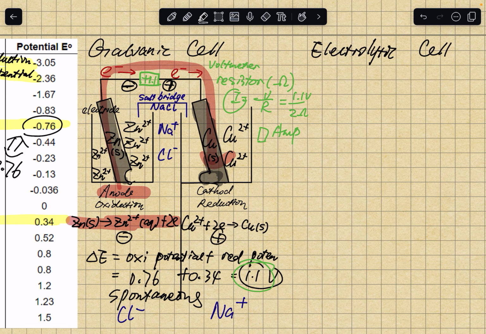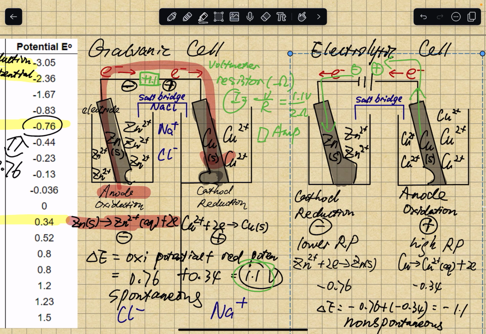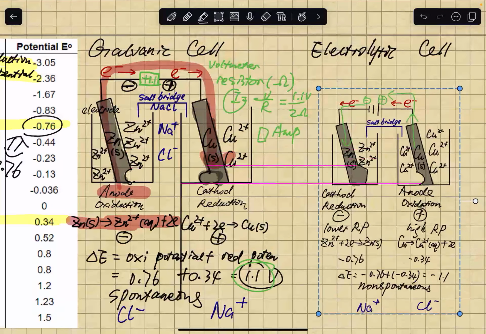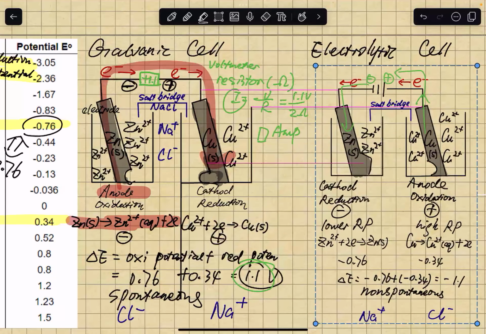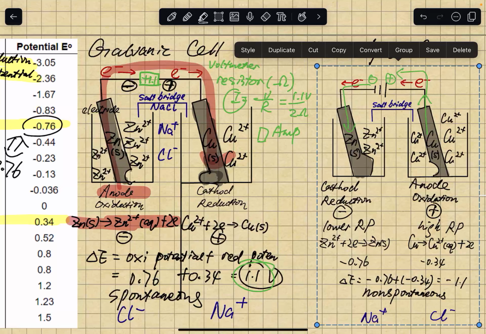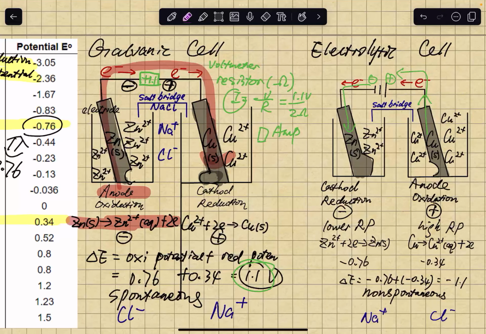Okay, so now let's look at an electrolytic cell. The electrolytic cell is really just the opposite of the galvanic cell, okay? How so? Let's look at this. In the electrolytic cell, the anode side will have the oxidation reaction, and the cathode side will have the reduction reaction, right?